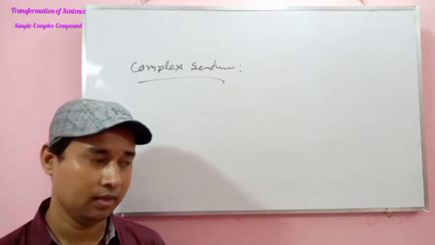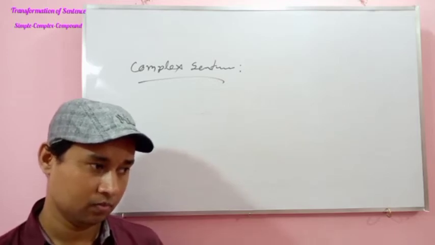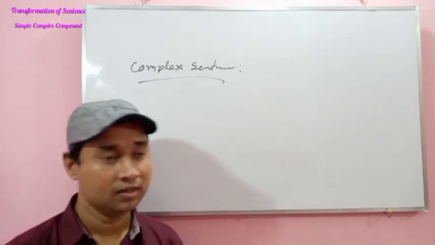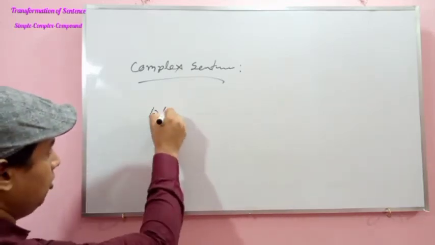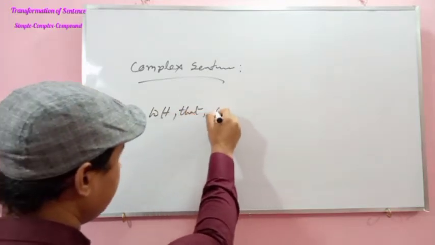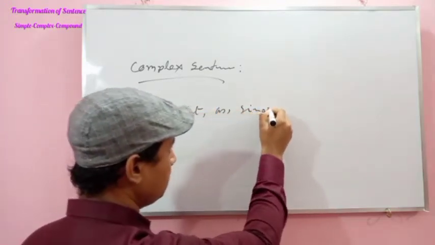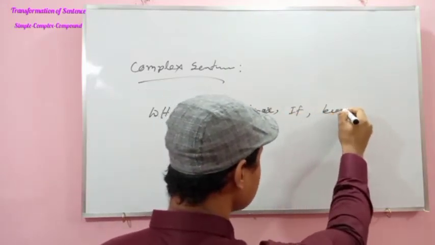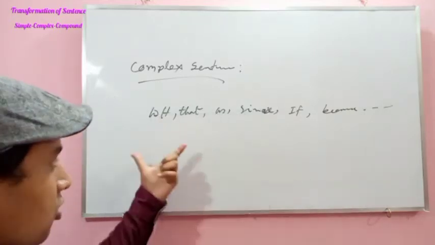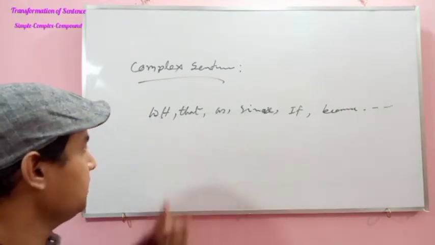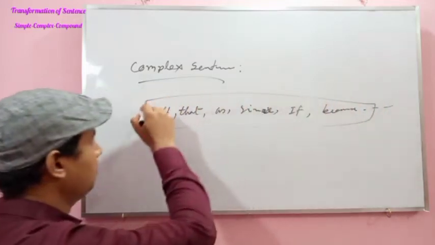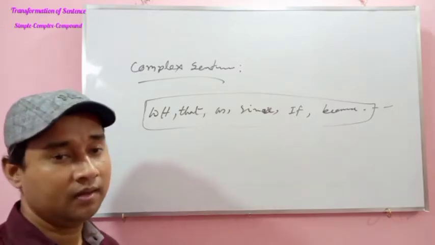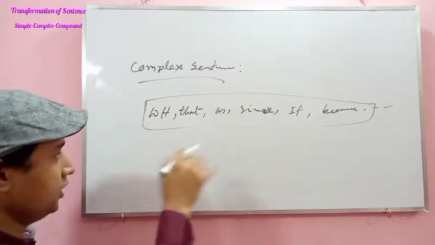I think you learned subordinate conjunctions in the lower class. The subordinate conjunctions are all WH words, that, as, since, if, because, and so on. These subordinate conjunctions are used to link two clauses of a complex sentence. I will give an example to clear the issue.